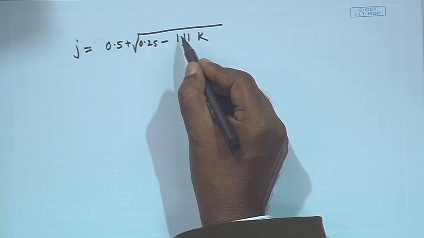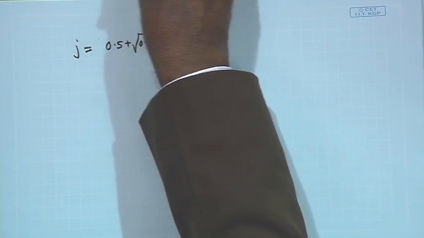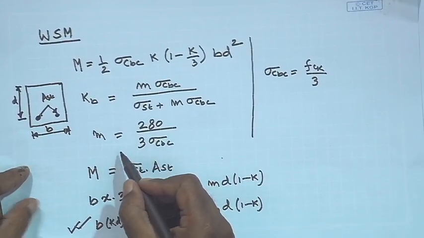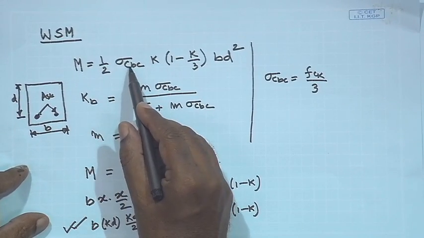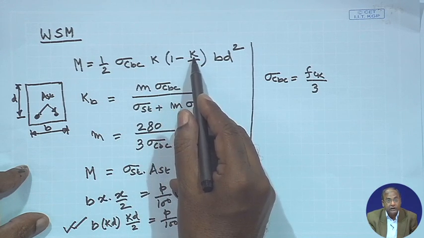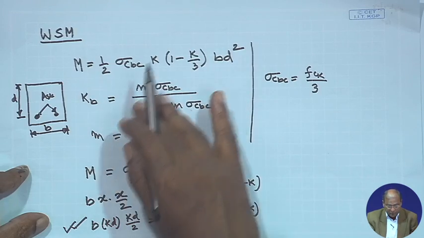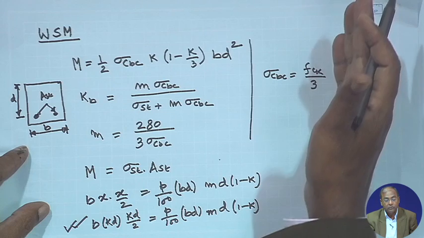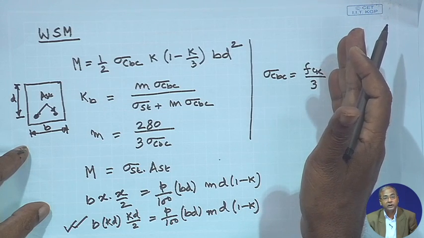So, that is why I would like to say that working stress method, again this particular one whatever we have discussed at the very beginning. So, sigma CBC, which is nothing but I can say FCK by 3, and similarly K also we can make. So, all the terms if we make here, we can get the same expression, that J also we can make there.